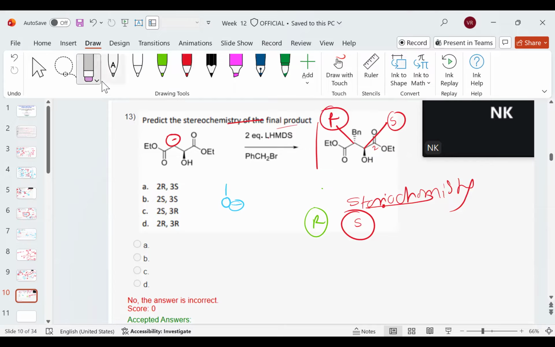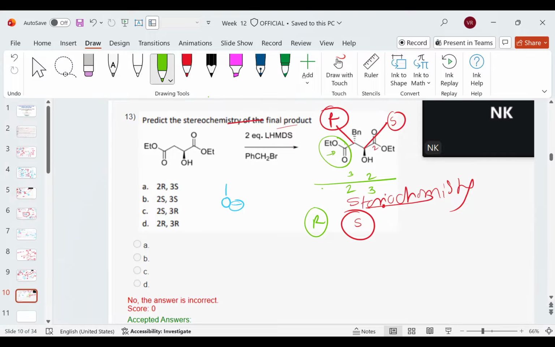Now think about which is the second carbon and which is the third carbon, because that is also important here. On which carbon you should say this is second and this is third. Both are esters, so you can number from this side also.